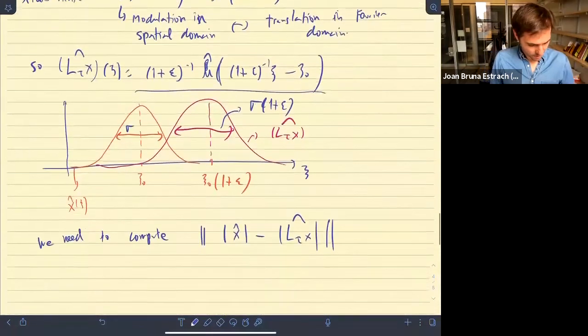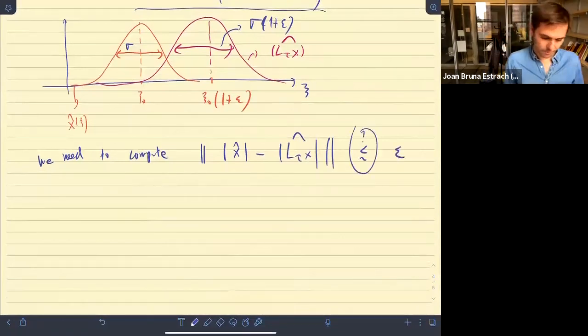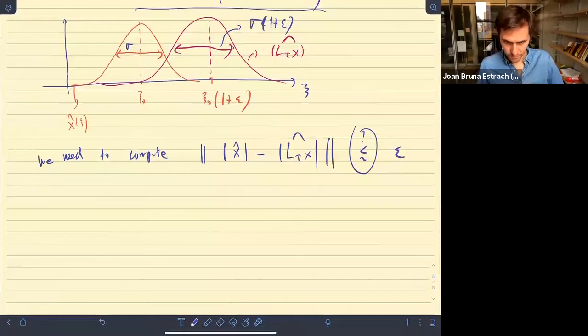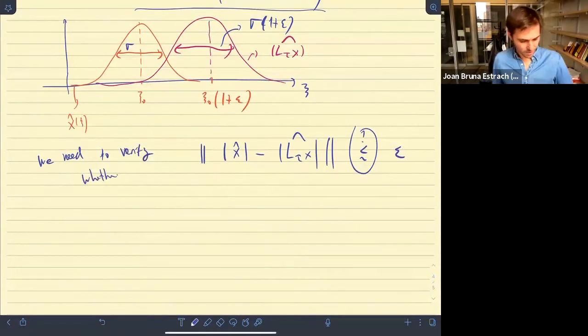So the question is, why is this thing of the order of epsilon? Okay, so is this true? We need to verify whether this thing is true.